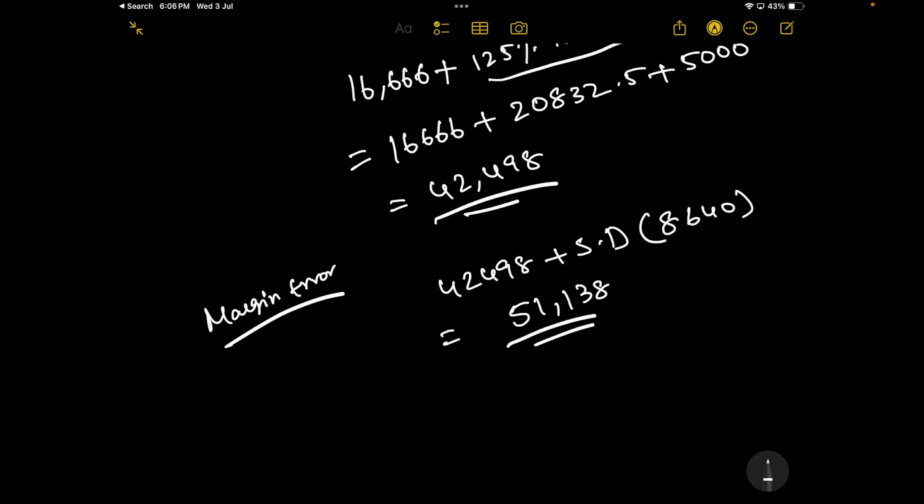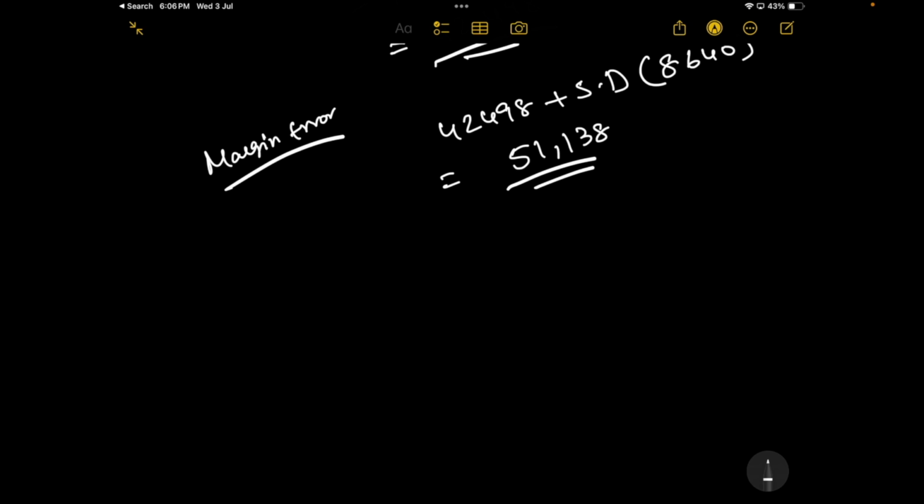Now how are you going to tell your company that we are getting 51,138? The growth from 28,000 in the April month to 51,138 is 82% growth.